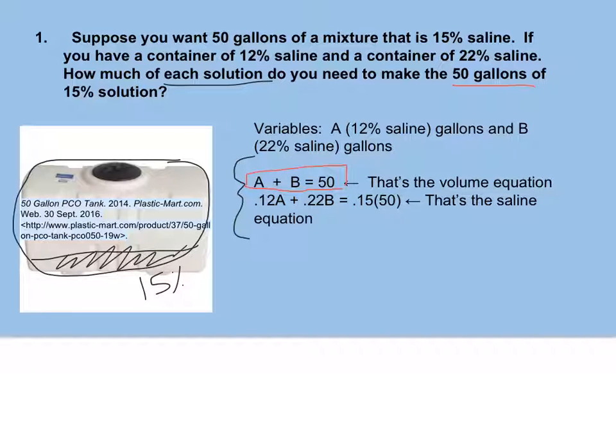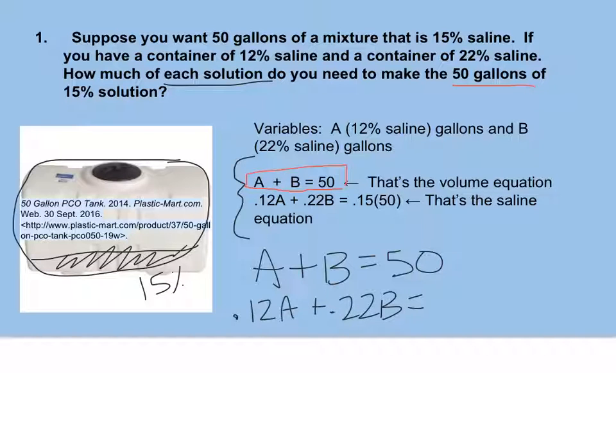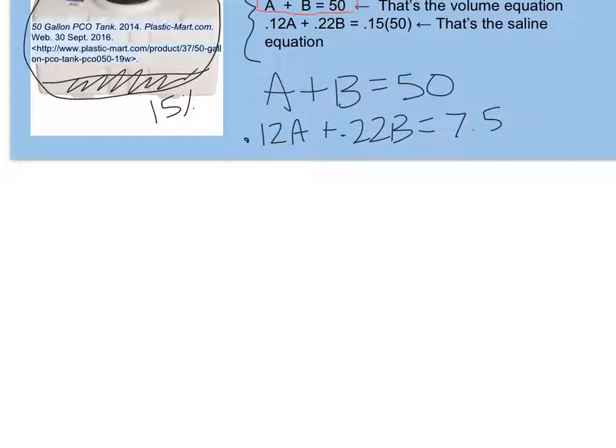So now I can solve this system. I have A plus B equals 50, and then 0.12A plus 0.22B has to equal 15% of 50, so 7.5.